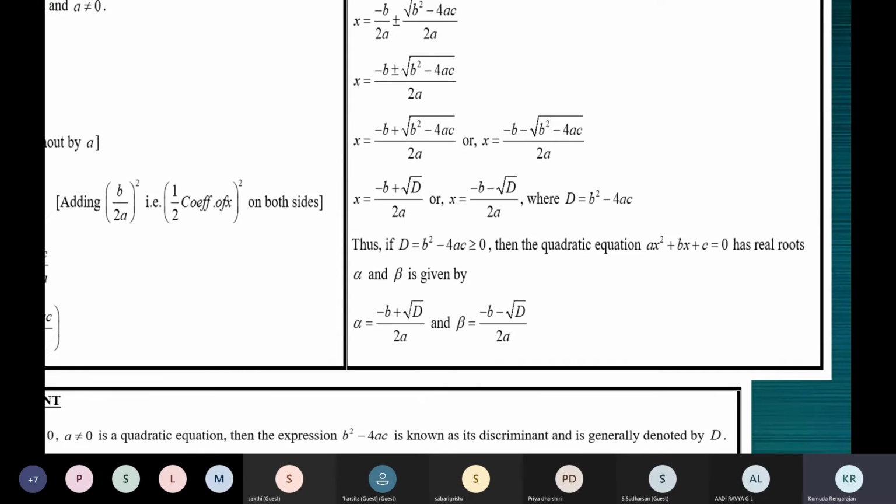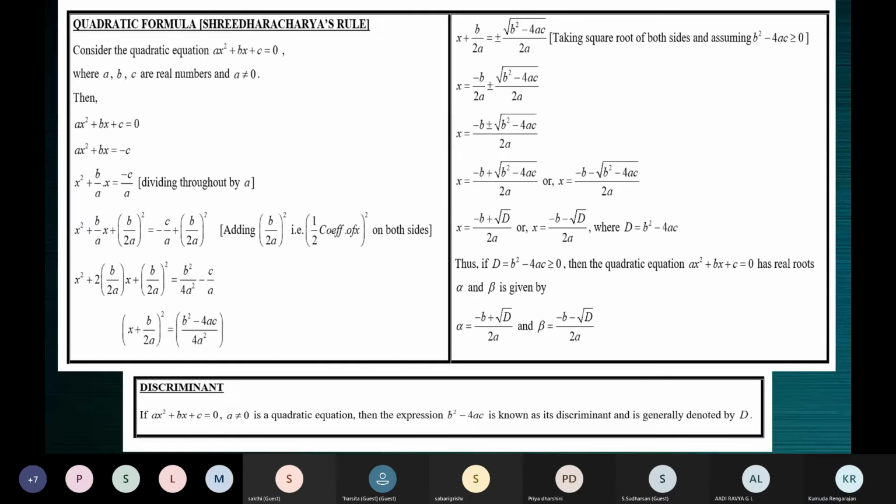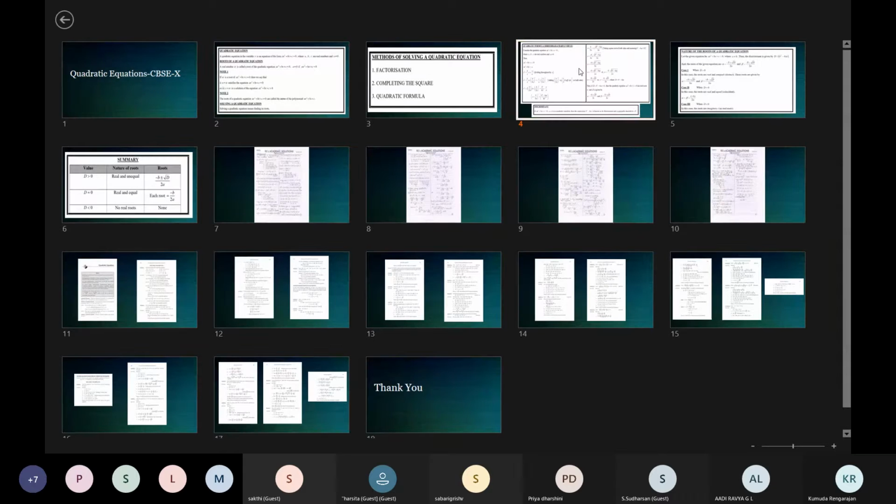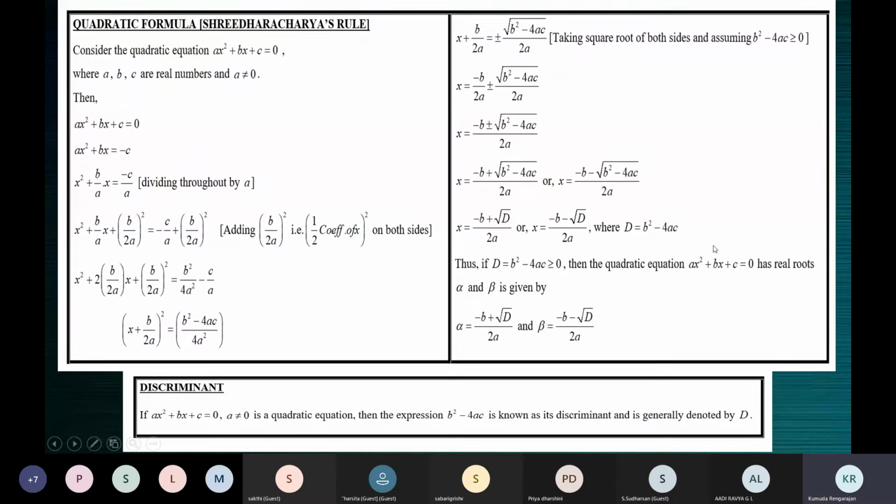Write this later, children. Take a screenshot. You have time till Friday. Finish it before that. I told you about the discriminant.